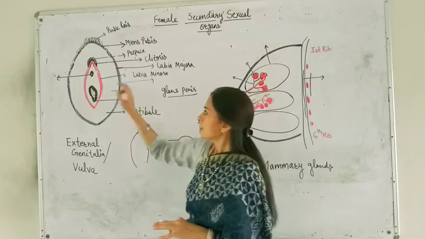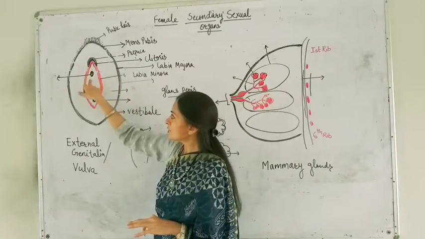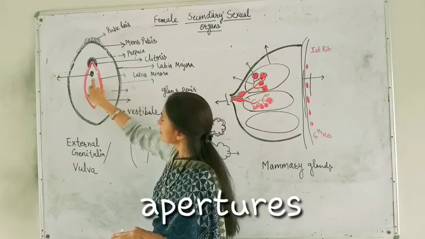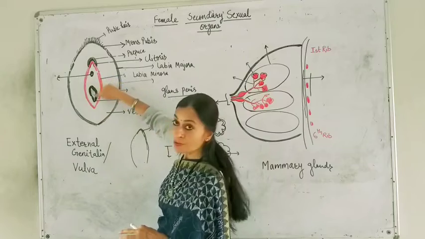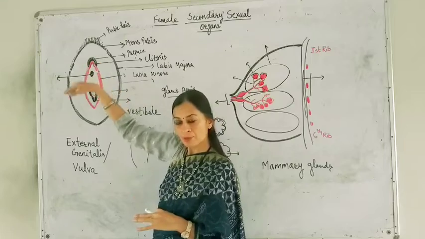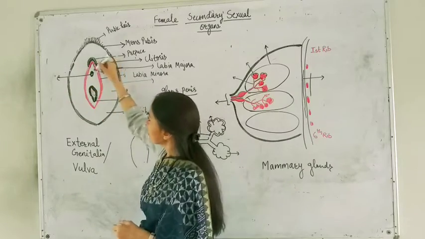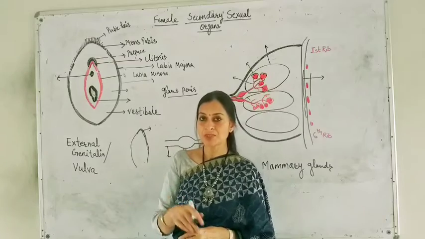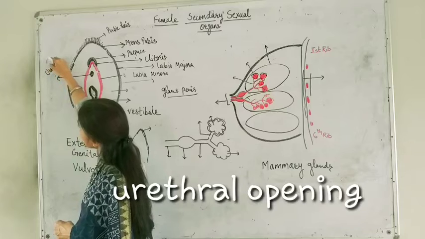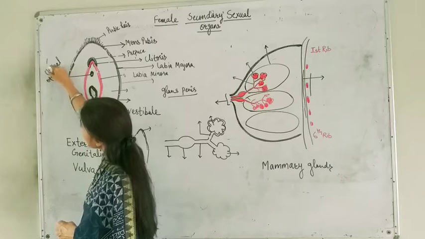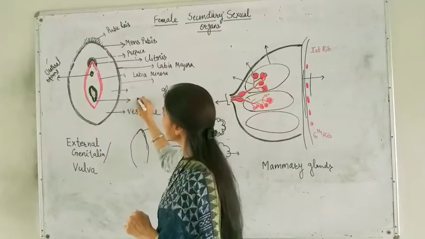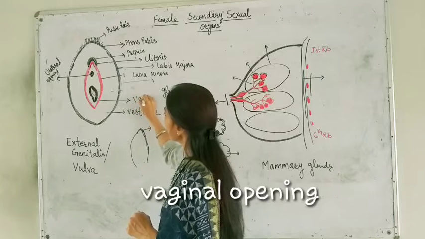Now below this clitoris you can see two apertures. Here is the space, and this space has two apertures. One aperture, the immediate aperture below the clitoris, is known as the urethral opening, while the large aperture is known as the vaginal opening.